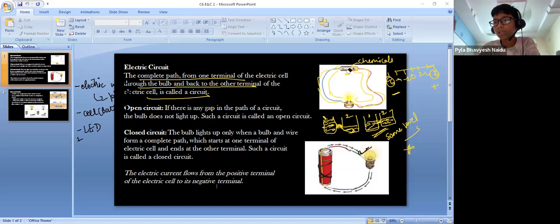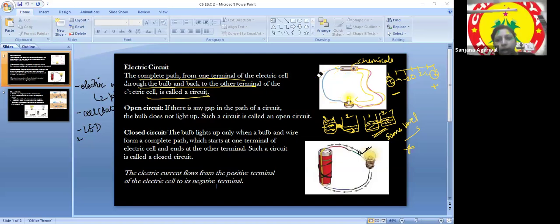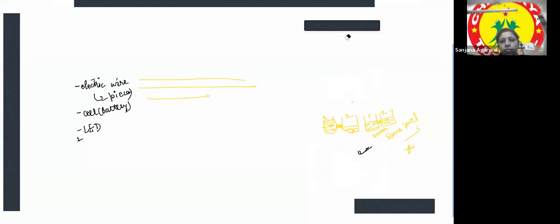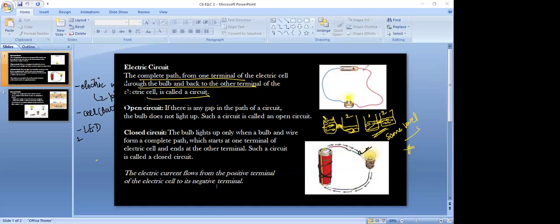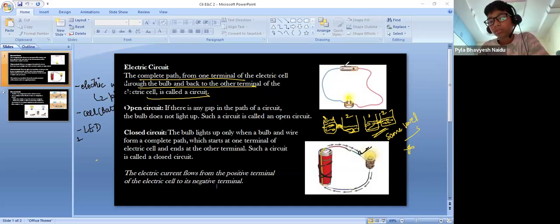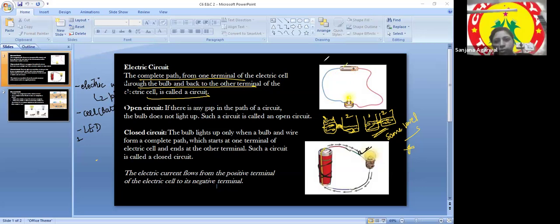Ma'am, do we need to draw the battery at the top? The first one at the top. Ma'am, should we also write electric circuit? Yes, electric circuit, also write it down. Okay, ma'am.